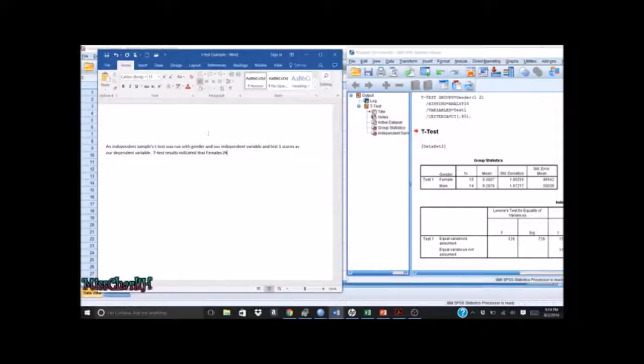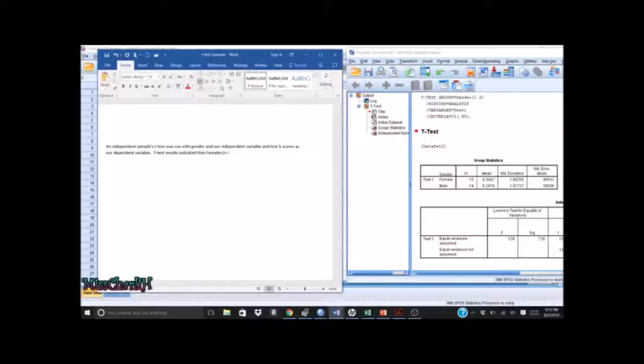So some people don't know whether we want to use a big N or a little n, an uppercase N or a lowercase n. Because the entire population has 29, the sample has 29 subjects, but females are only 15, a portion of the sample, I'm going to use a little n.